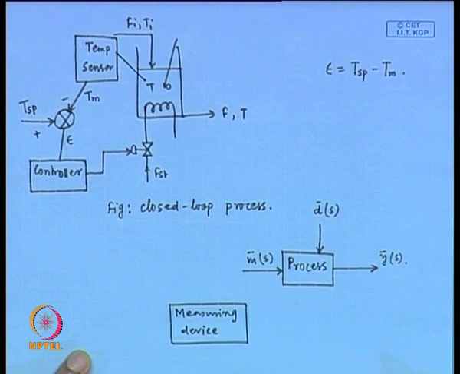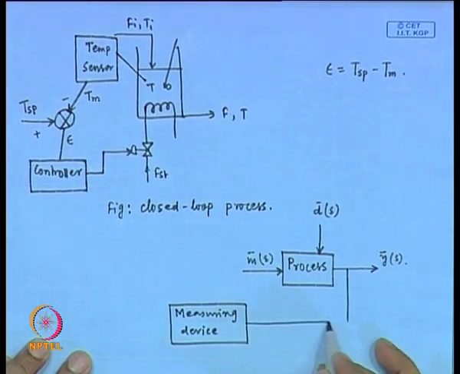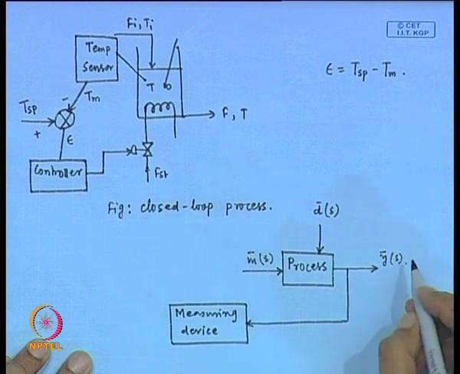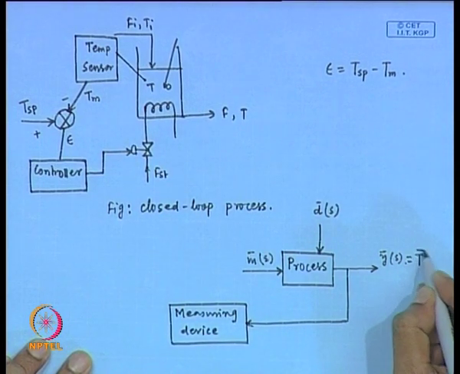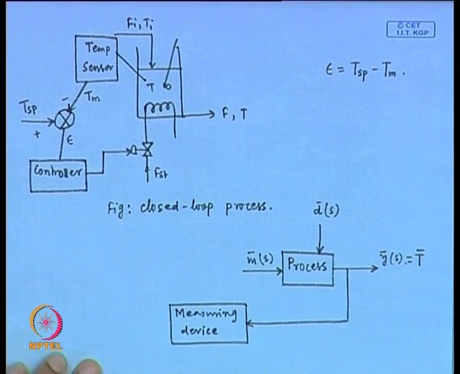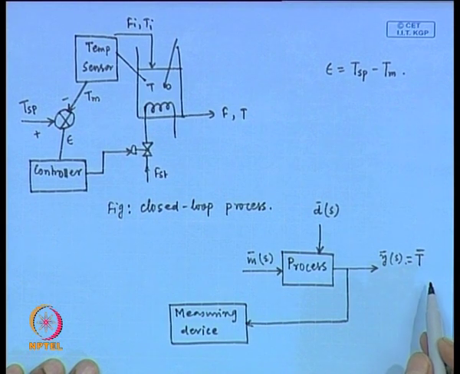This measuring device is measuring the temperature. Basically, this Y is T only. The control variable Y is here the temperature of the liquid in the tank.